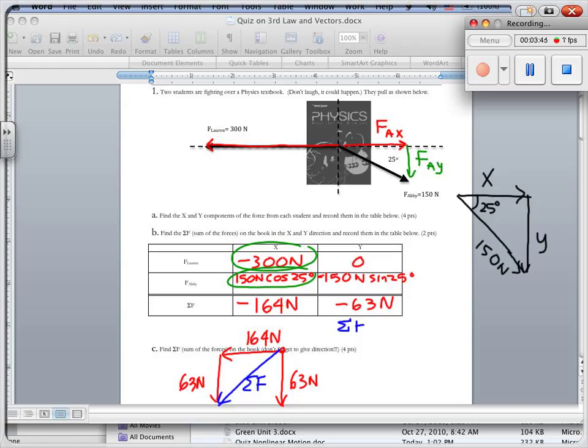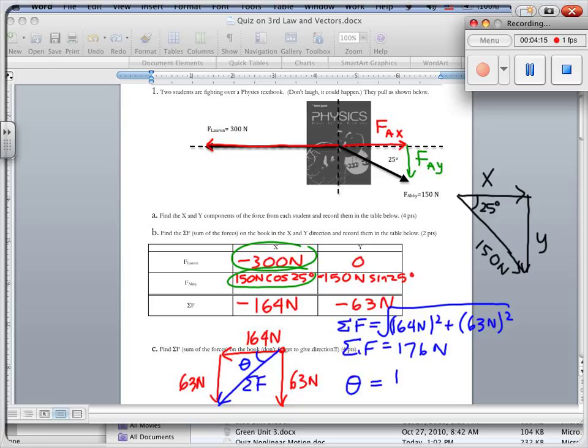So the net force equals 164 squared plus 63 squared. Take the square root. So the net force is 176 newtons. As I said, I also need to include direction. I chose to find this angle right here.